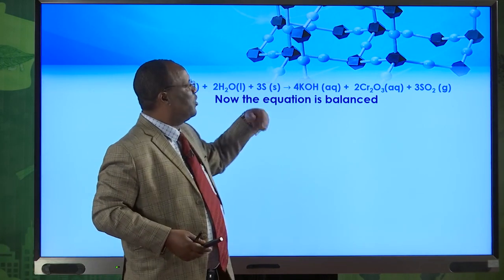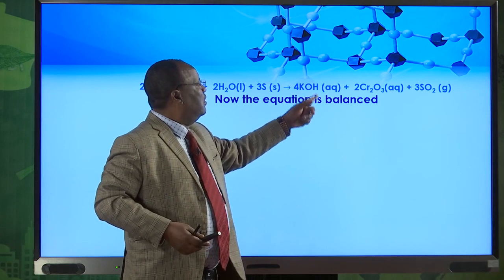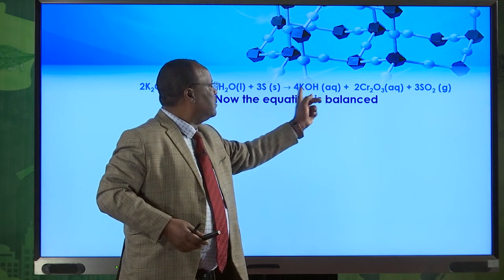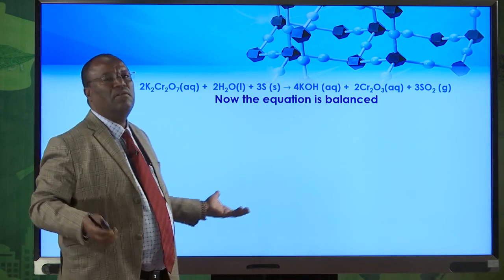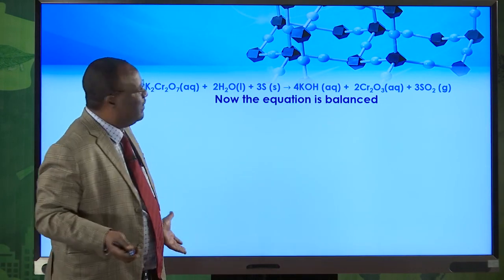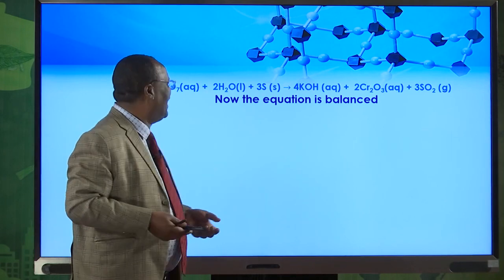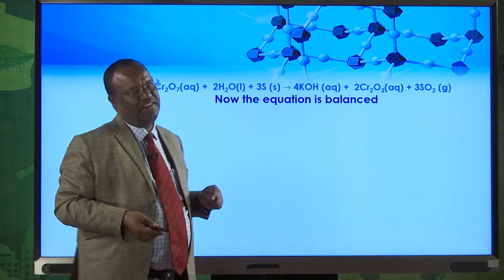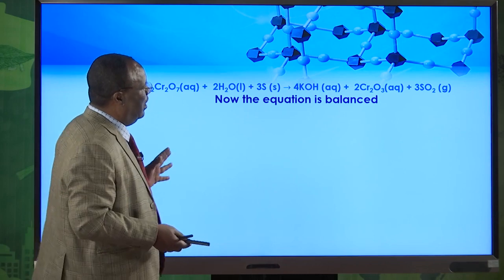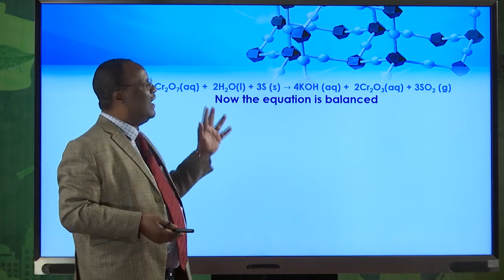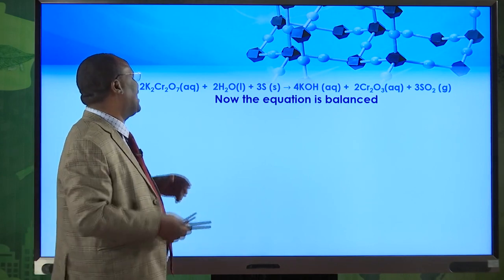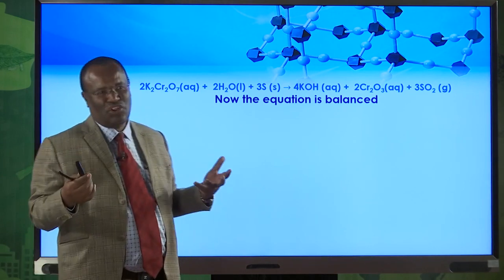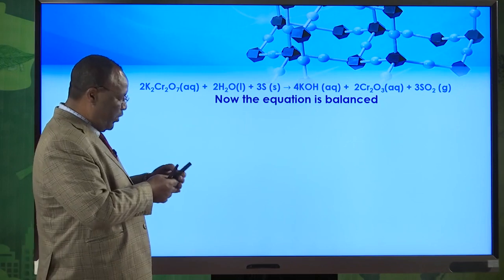Let us check for the product side. 4 plus 6, 10, 3 times 2, 16. Now, the total number of atoms on both sides of the equation is balanced. Now the equation is balanced. Don't forget that finally we use the inspection method, by counting the number of atoms on both sides of the equation.